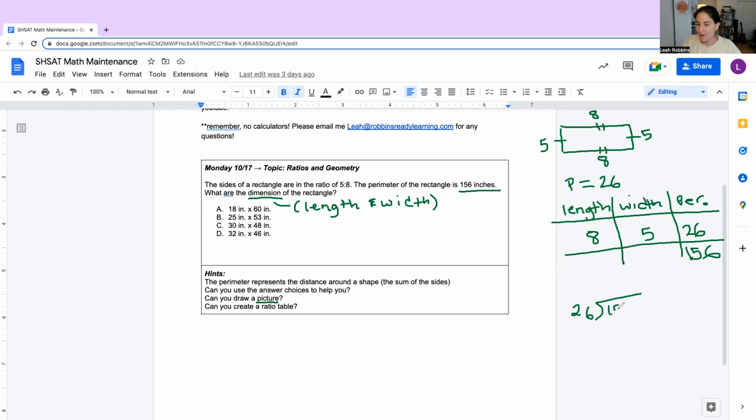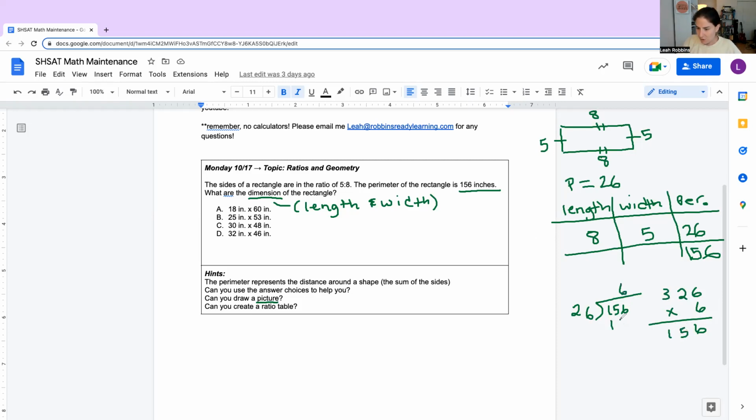Now, I don't know that off the top of my head, so I'm going to go ahead and do some multiplication, division here. Sorry about that. 26 fits into 156. I'm not sure how many times. I know that 25 times 5 is 125. So I'm just going to see what 26 times 6 is. I also know that 6 times 6 is 36. 12, 13, 14, 15. Look at that.